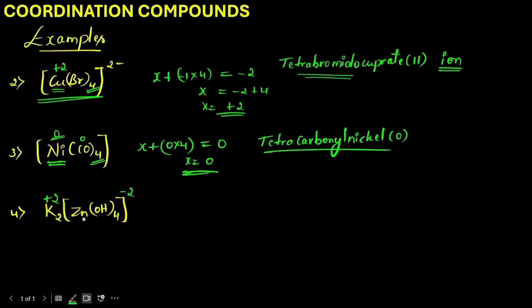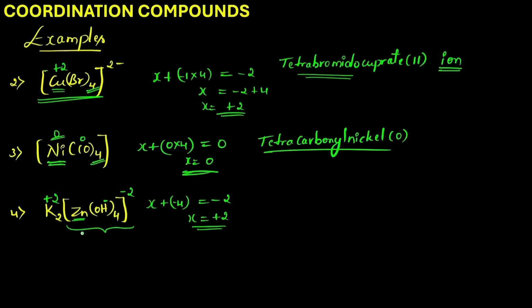Now, we will calculate the oxidation number of zinc by separating the coordination sphere. Oxidation number of zinc be X, and we know that OH has the charge minus 1. Minus 1 into 4, that is minus 4, should be equal to the charge on the coordination sphere, that is minus 2. Therefore, X is equal to plus 2.